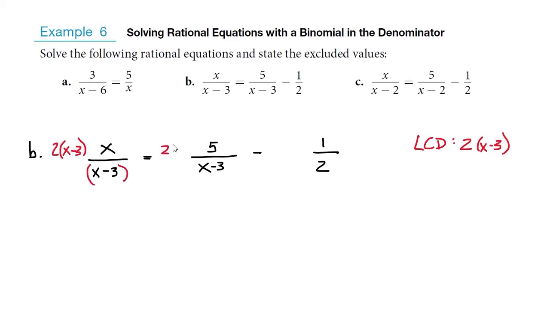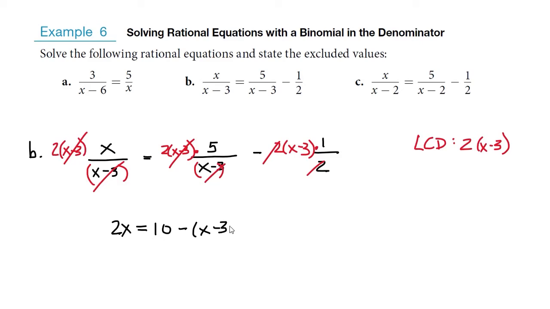And this will be 2 times x minus 3 multiplied by all of that, 2 times x minus 3 multiplied by 1/2. So that'll be a factor of 1, and that'll be a factor of 1, and that'll be a factor of 1. And I will have 2x equals 2 times 5, which is 10, subtract x minus 3.